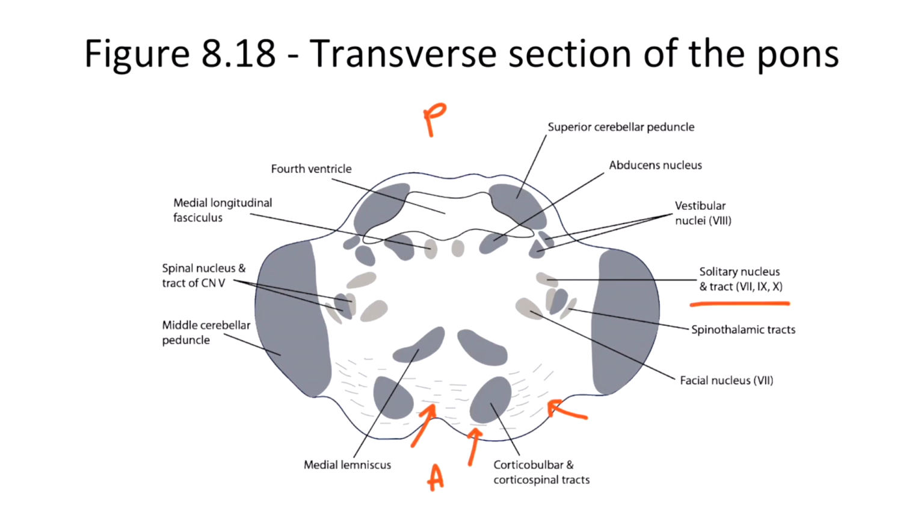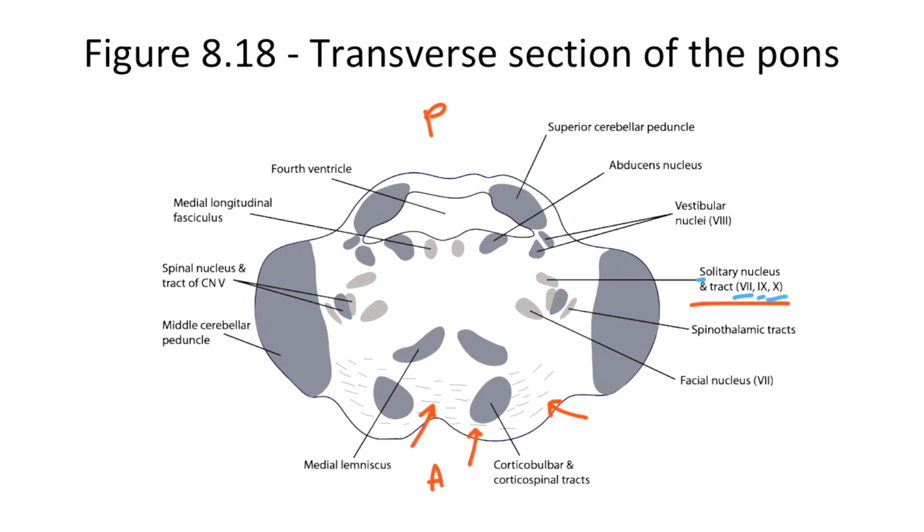For step 1, you need to know that the solitary nucleus is a large nucleus that spans much of the brainstem and contains sensory information for cranial nerves 7, 9, and 10. I use the letter S in the word solitary to help remind me that this nucleus contains sensory information.